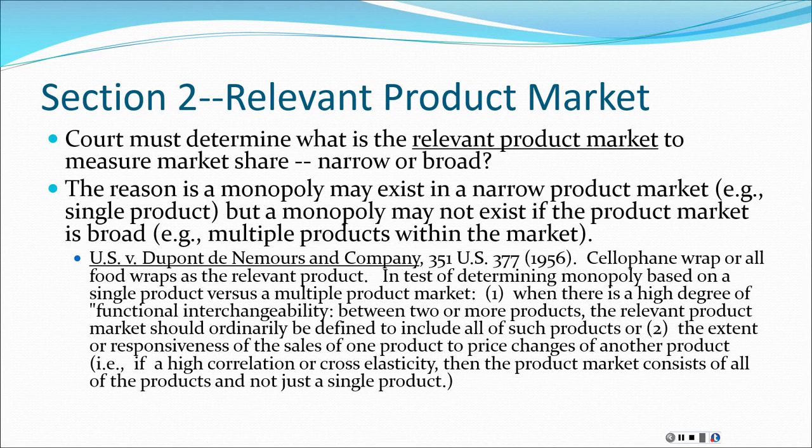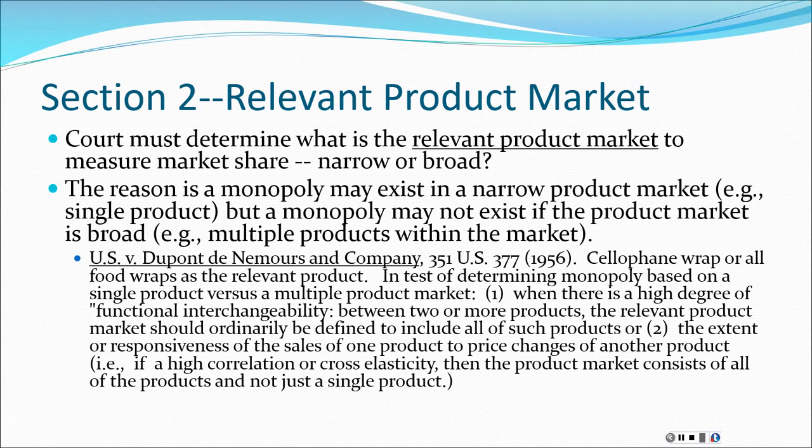This is this principle of substitutability, in effect, the functional interchangeability. And two, the extent or responsiveness of the sales of one product to the price changes of another product. Is there a high correlation of cross-elasticity? Then the product market consists of all of the products and not just the single product.